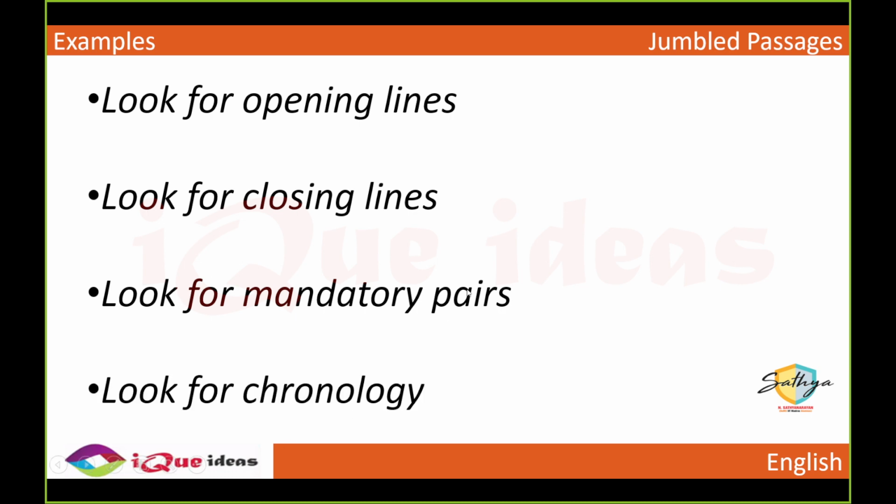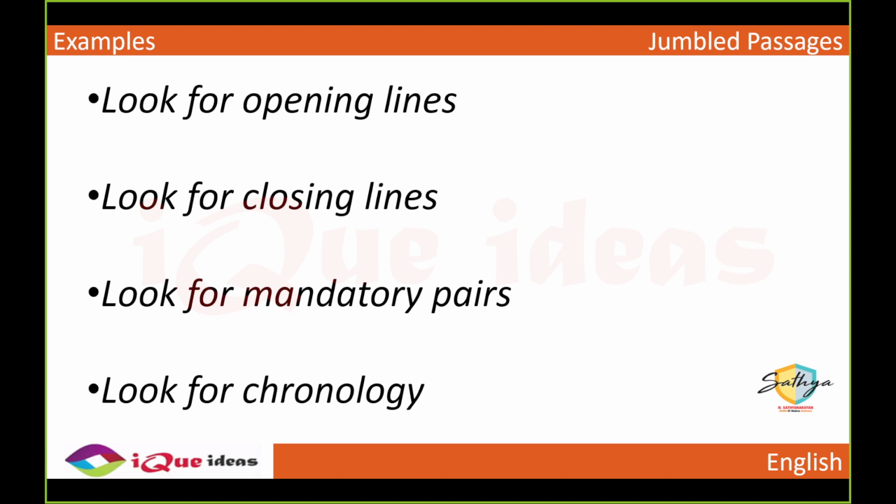And then finally, the easiest type of questions are those which contain time references, so we can arrange things chronologically. To arrange things chronologically means to arrange things according to time period. So if there are a lot of times or dates given, then it makes sense to simply arrange the sentences in ascending order of time or date.